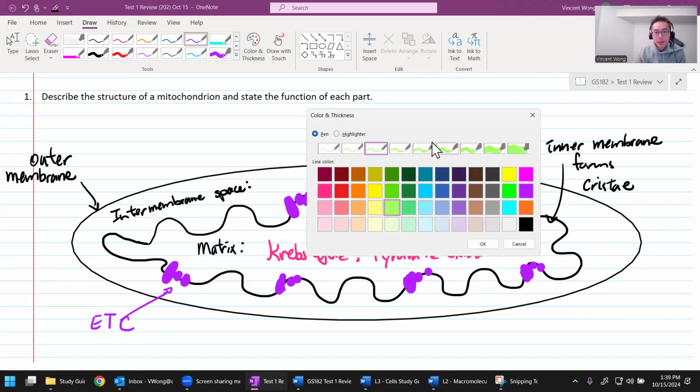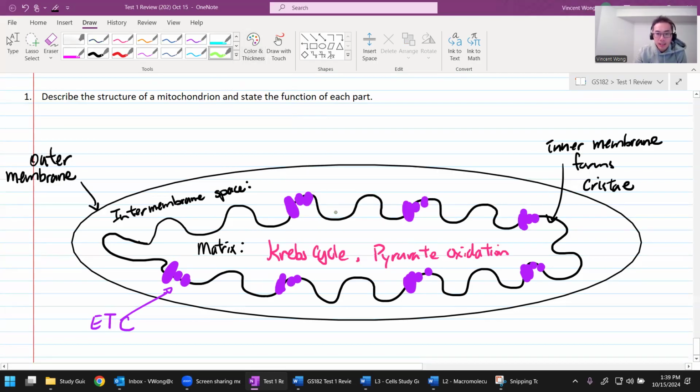The theme here is that the electron transport chain is going to transport the electrons, but more importantly, at the same time it is transporting the electrons, it's going to harness the energy from the electrons so that it can pump H plus into the intermembrane space. So over time, we're going to have a lot of H plus in the intermembrane space.